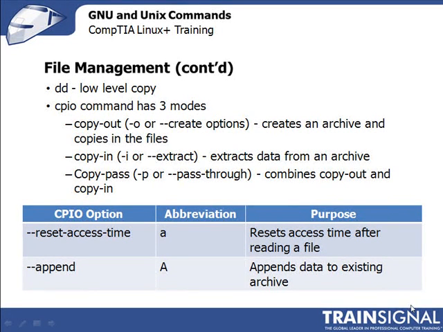The table below lists other options associated with this command. The first is --reset-access-time. Abbreviated by a lowercase a, it means to reset the access time after reading the file. --append, abbreviated with the capital A, appends data to an existing archive.